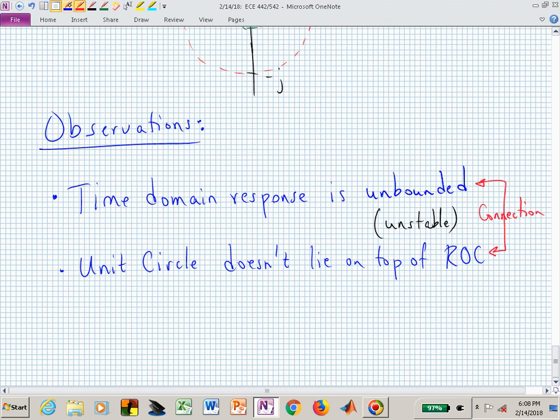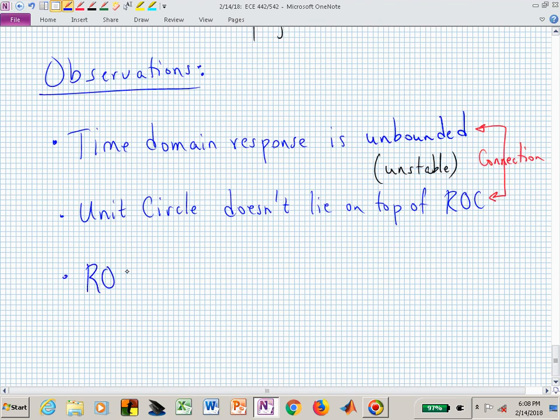One more observation, and that is that the region of convergence is interior to all poles.